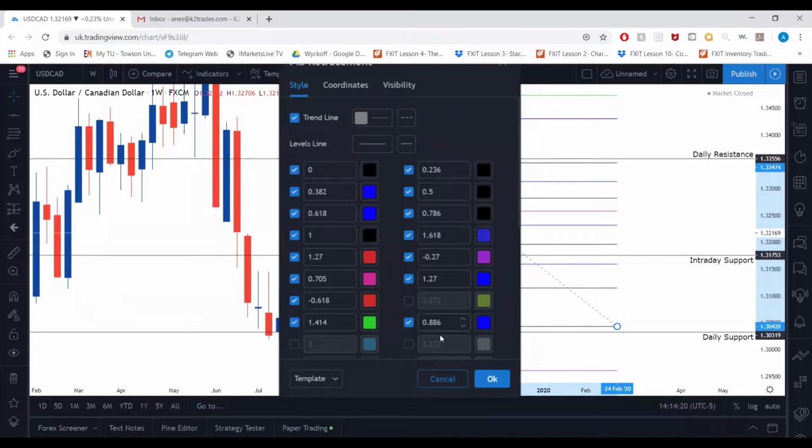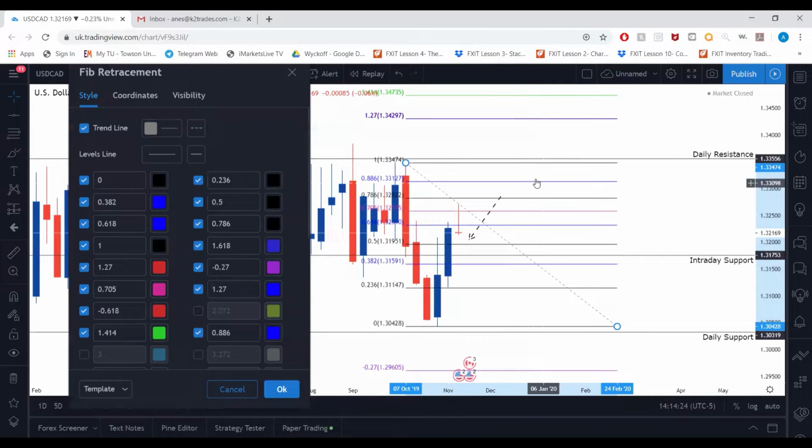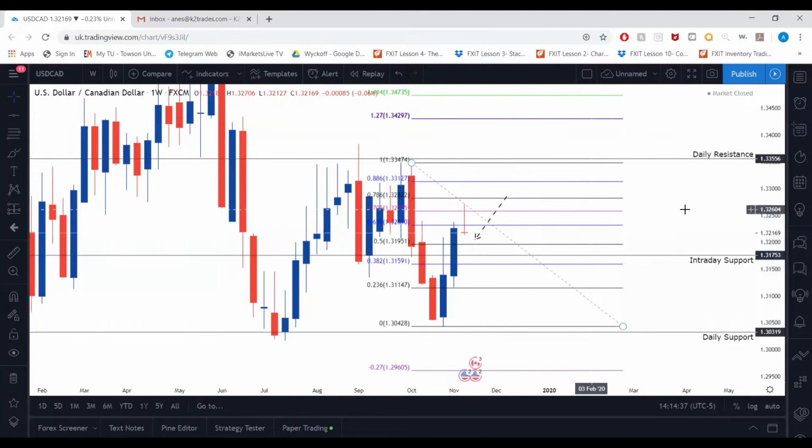Even in some cases, you will see 88.6, which is the one right here, the blue line, and 88.6 is the last level of the retrace before you see a change in trend. But 61.8 and 70.5, those are pretty much your best entries, which you can see here.